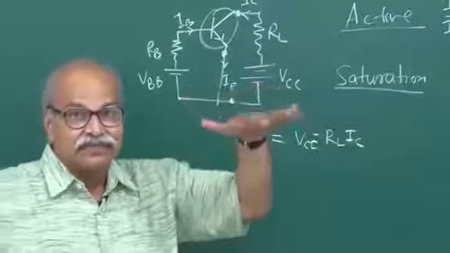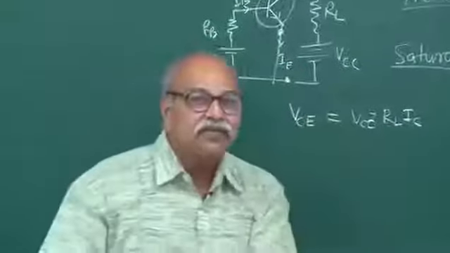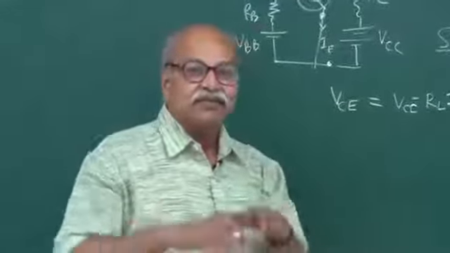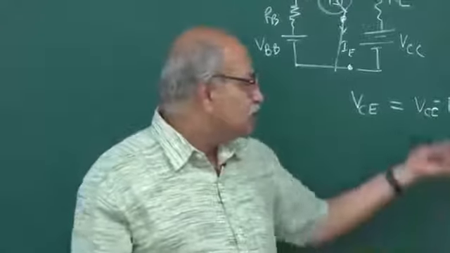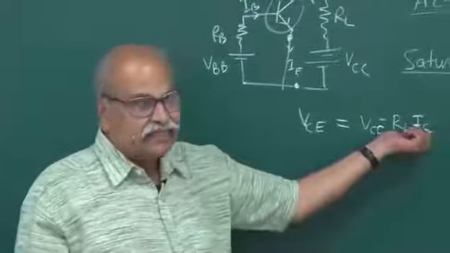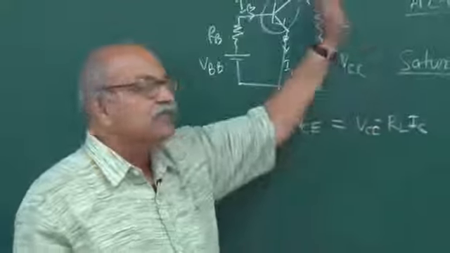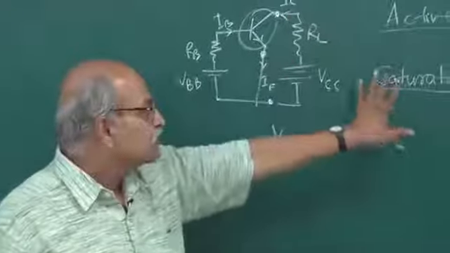So it has saturated. The capability of drawing the electrons from this base is saturated, and therefore this current is no more increasing. Even if you are increasing IB, this is not increasing. So that is the saturation region.